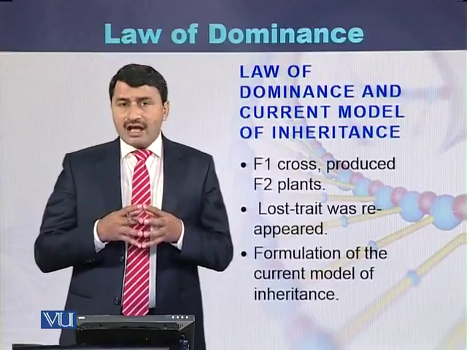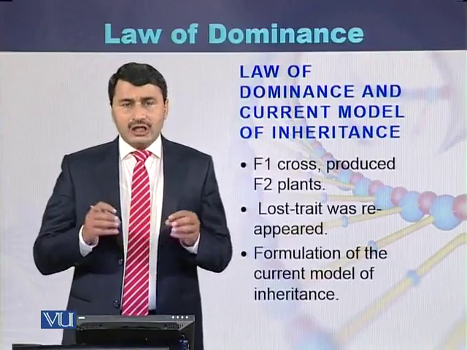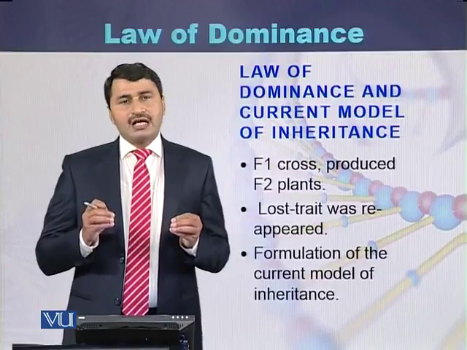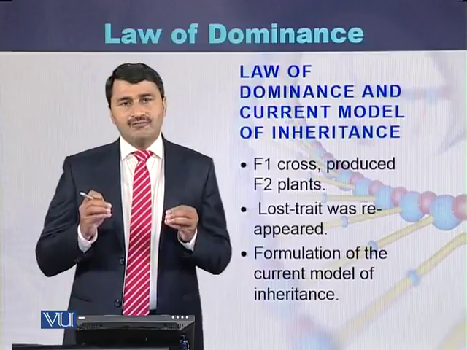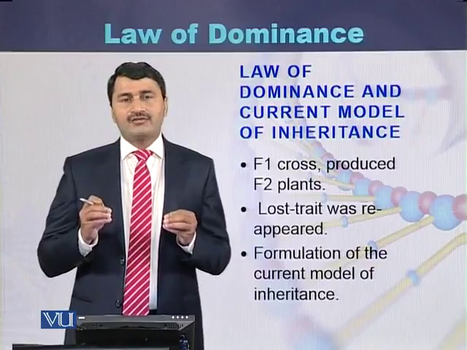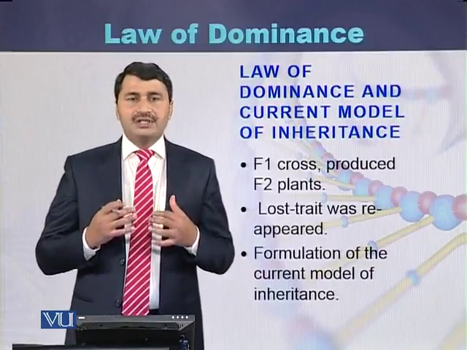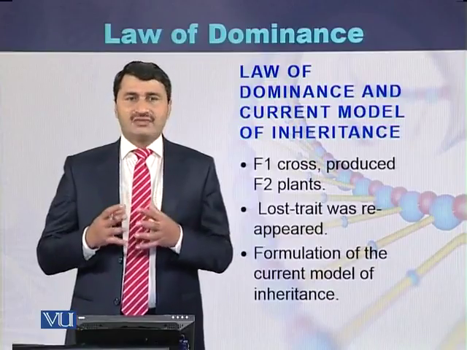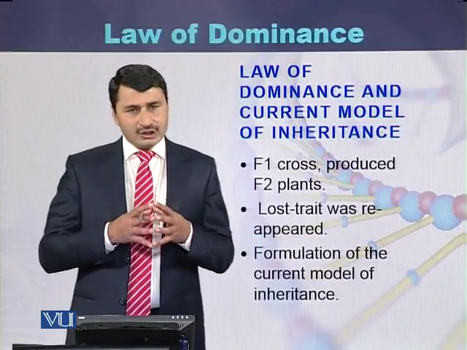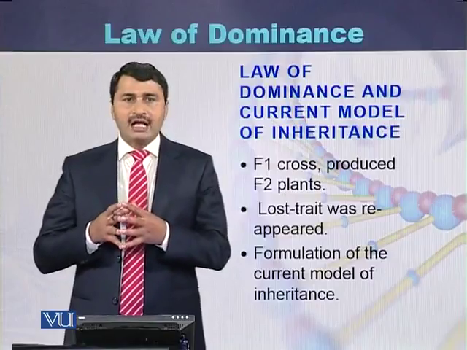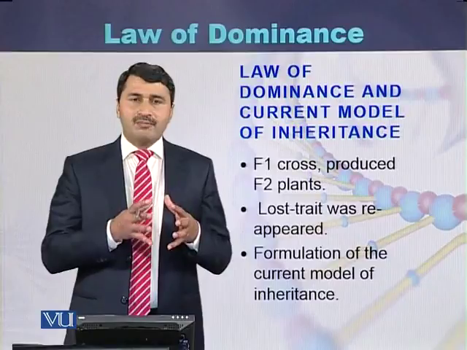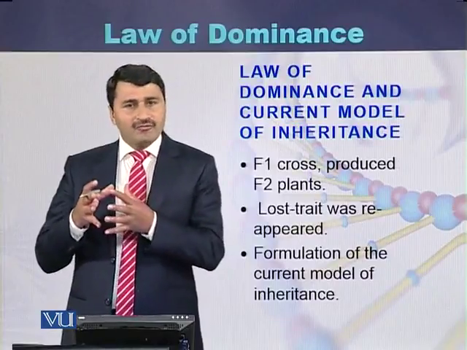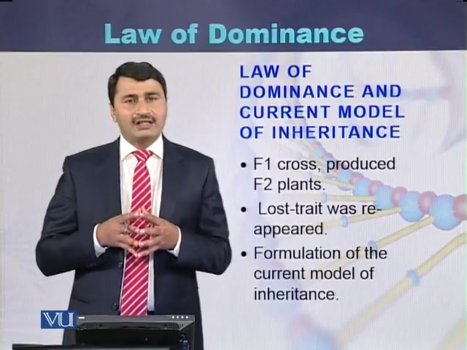In the F2 generation, the lost trait from the F1 generation, the plants producing white color flowers, reappeared, but in a specific ratio. The ratio was 3:1. Among the F2 plants, 3 plants were producing purple color and 1 plant was producing white color flowers.